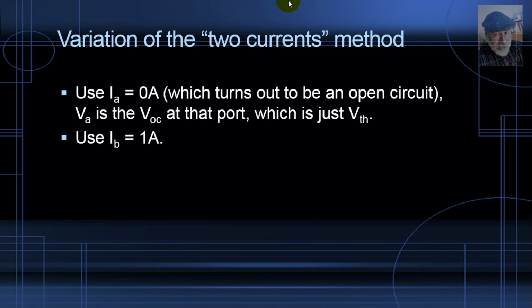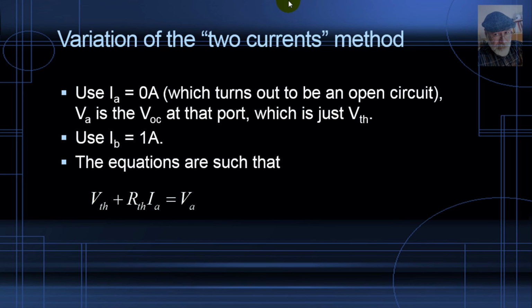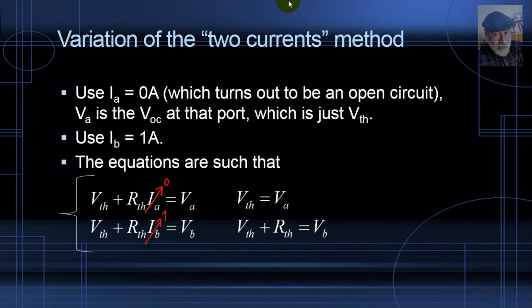In this case, let me use 1 amp, and the equations turn out to be this one, right? Ia is 0 and Ib is 1. Observe, easy equations. Va is Vthevenin and Rthevenin is just Vb minus Va, minus Vthevenin.